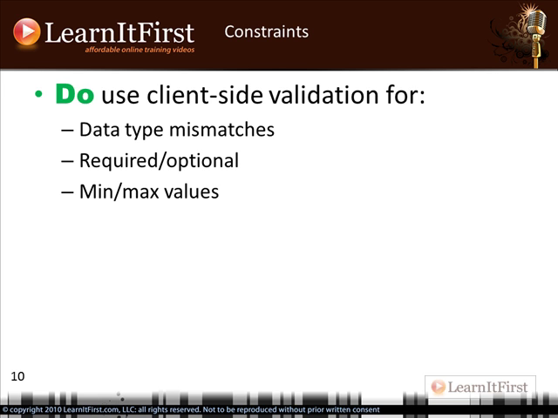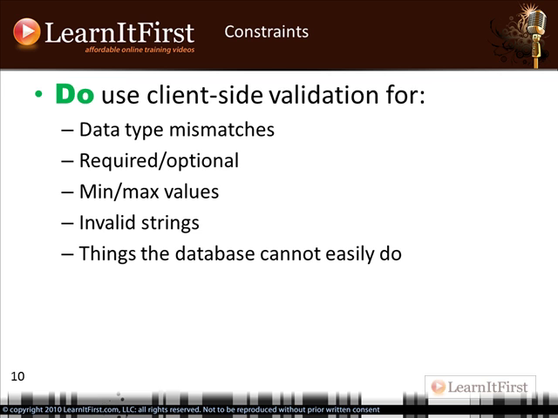You can put in your own client-side validation for that. No sense in sending that to the server and only having it rejected. Okay? Invalid strings, for example, you know that the first name does not allow the percent sign. Go ahead and block that in the front end. You don't want that garbage being sent to your database.